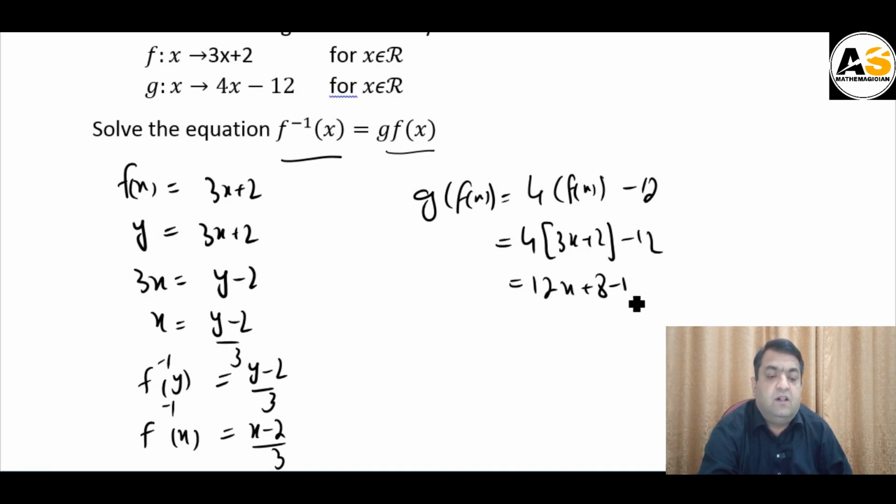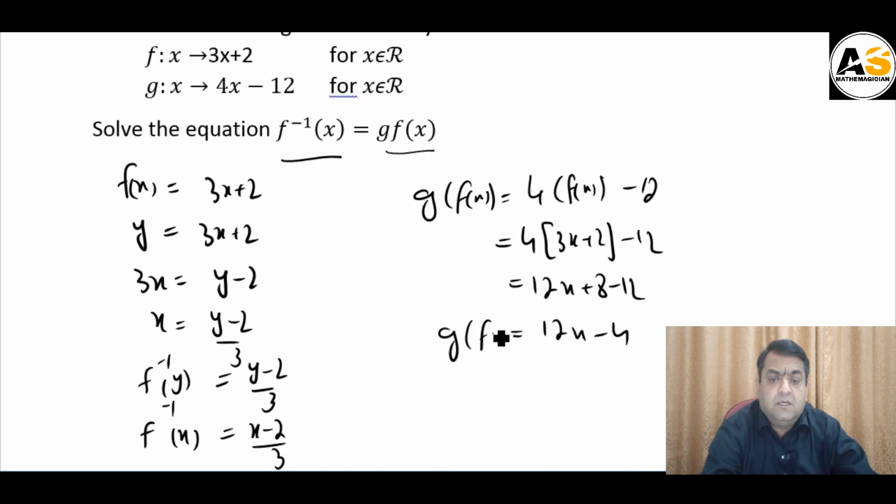This is 12x minus 4. This is g of f of x. This was the given equation. For that, we needed f inverse of x, which we calculated over here. Then we needed g of f of x, which we calculated over here. Now we have to equate them and find the value of x.